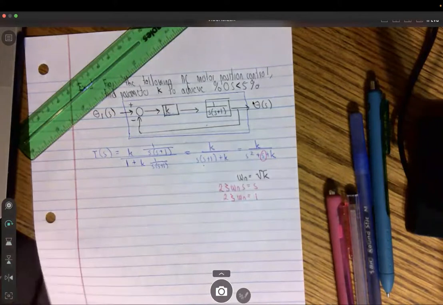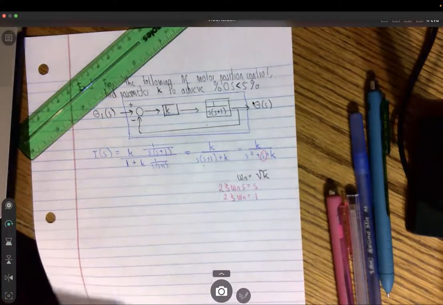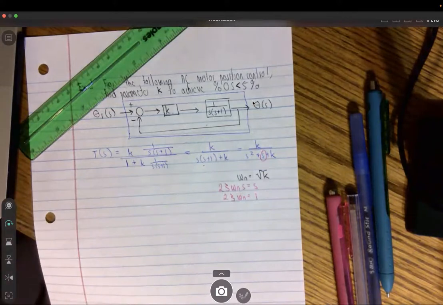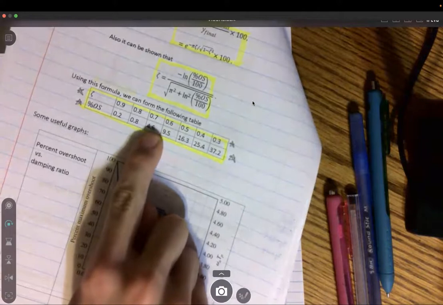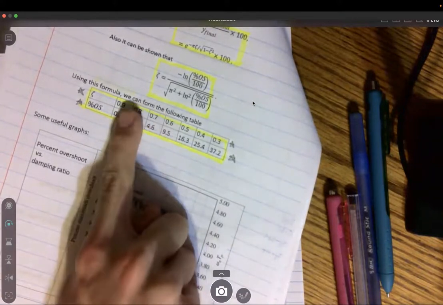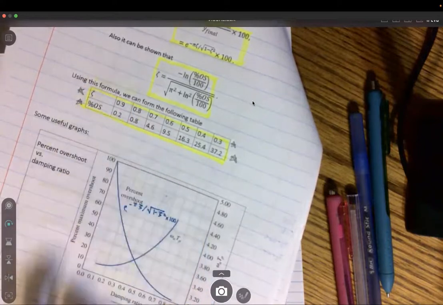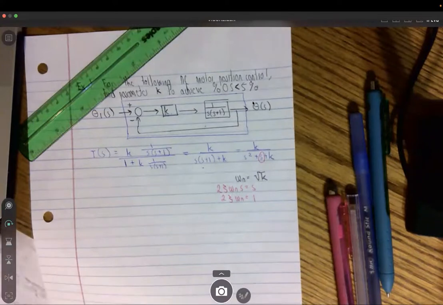So looking at my table, what is the value of zeta so that I have an overshoot less than 5%? Looks like right here, our zeta that provides an overshoot less than 5% is about 0.7 or greater. So zeta has to be 0.7 or greater is what we can tell from that chart.